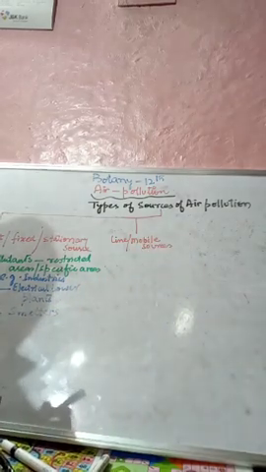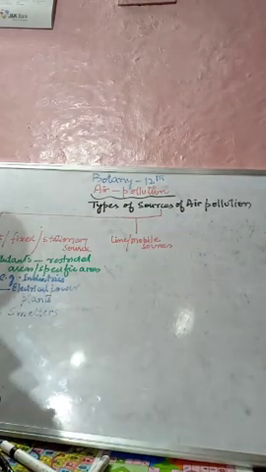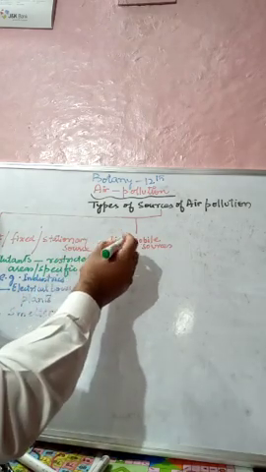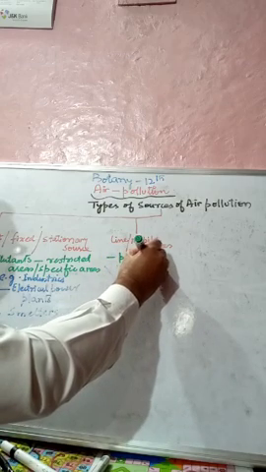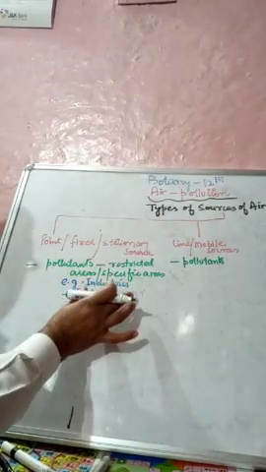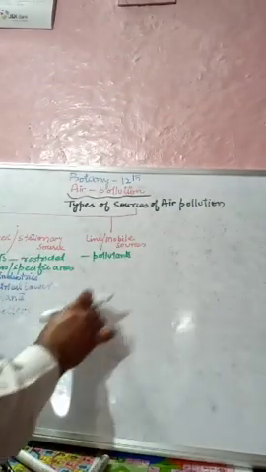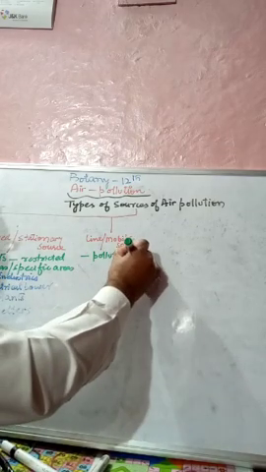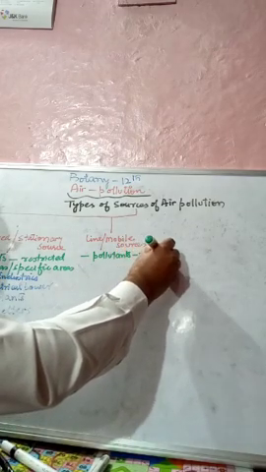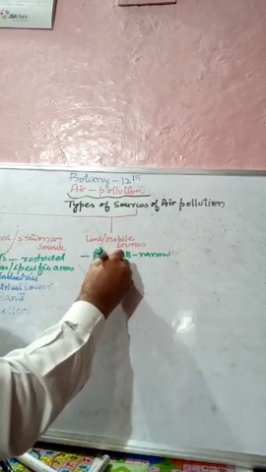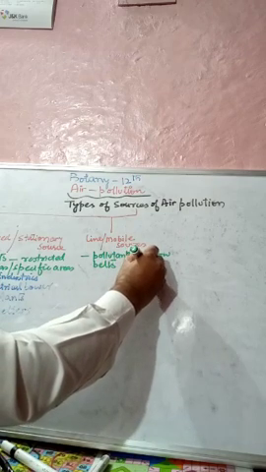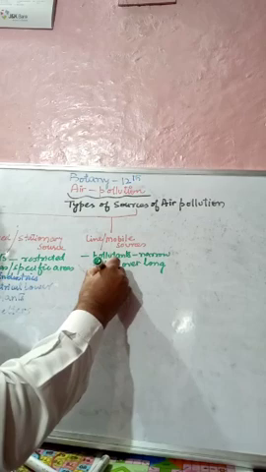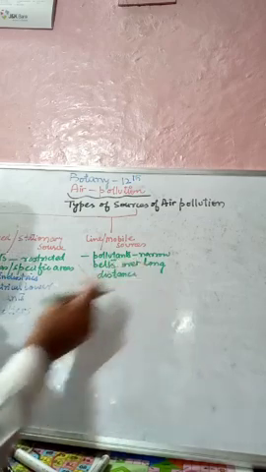If we talk about this type of source of air pollution, they also add pollutants, but in what way? Here in point and fixed sources, they add pollutants to the restricted or specific areas, whereas in this case they add pollutants along narrow belts over long distance. So they become a sort of line.